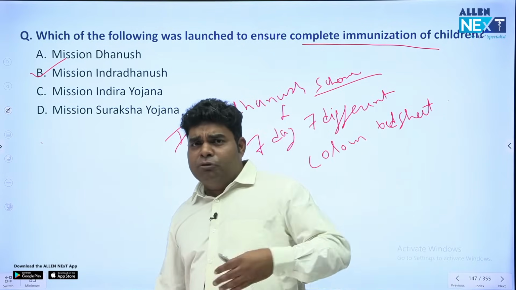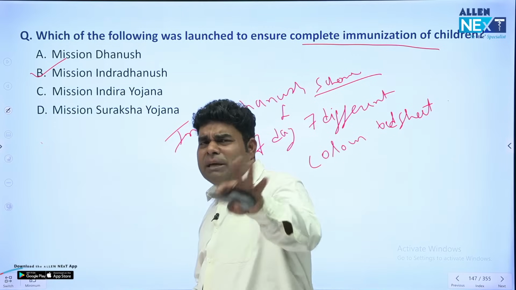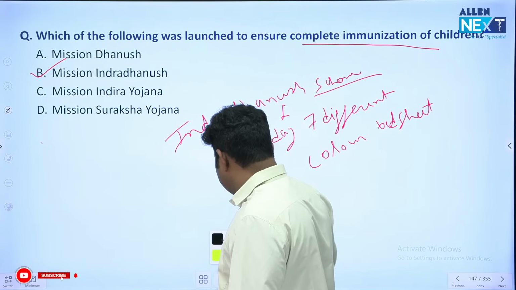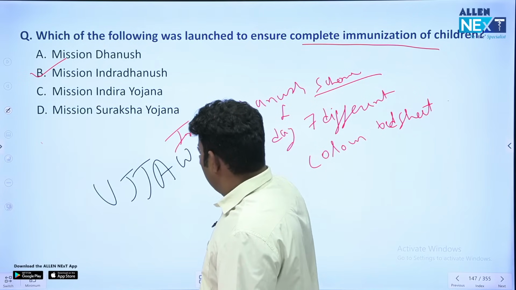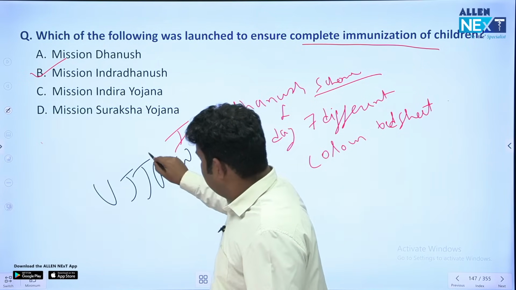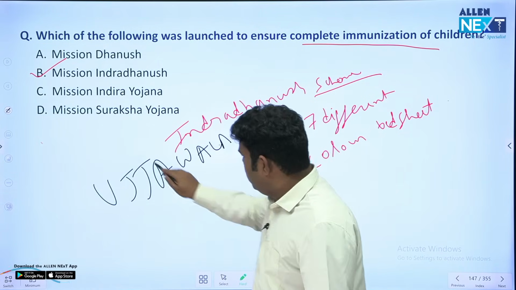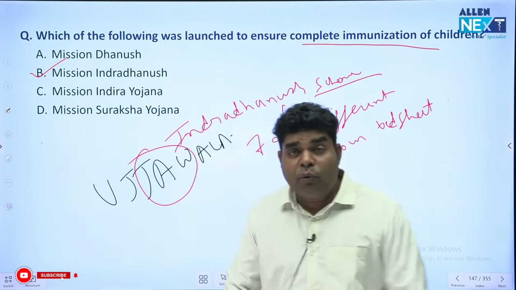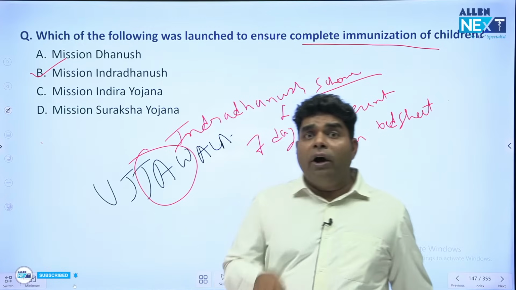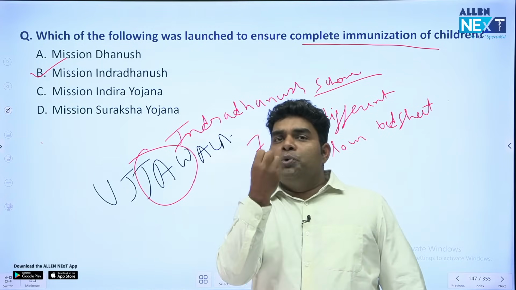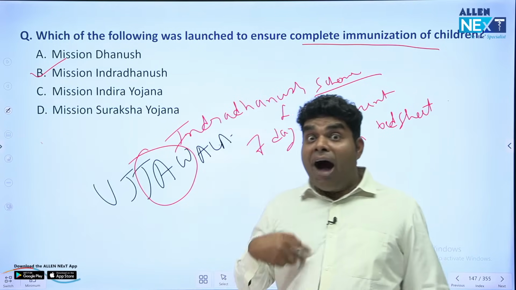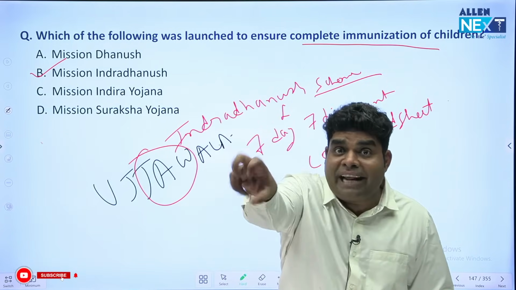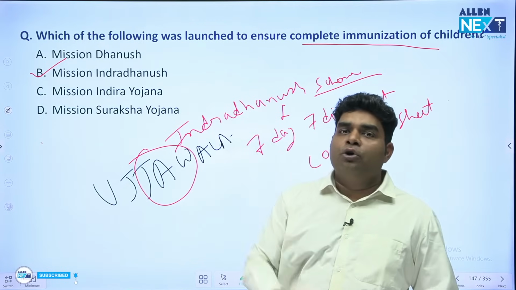Now, many times we get confused between Ujjwala, Ujjavala and all. It is so simple. You will never be confused if you just focus here one time. When we write Ujjavala, there is a jaw in Ujjavala. And what is the role of jaw? Role of jaw is to catch the food, chew it and bring it to the stomach. So similarly, Ujjavala is to prevent child who are trafficked and bring them back to home.